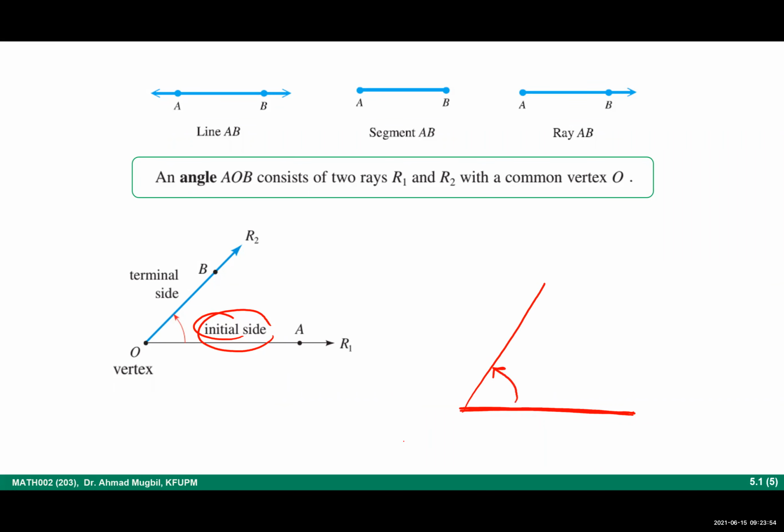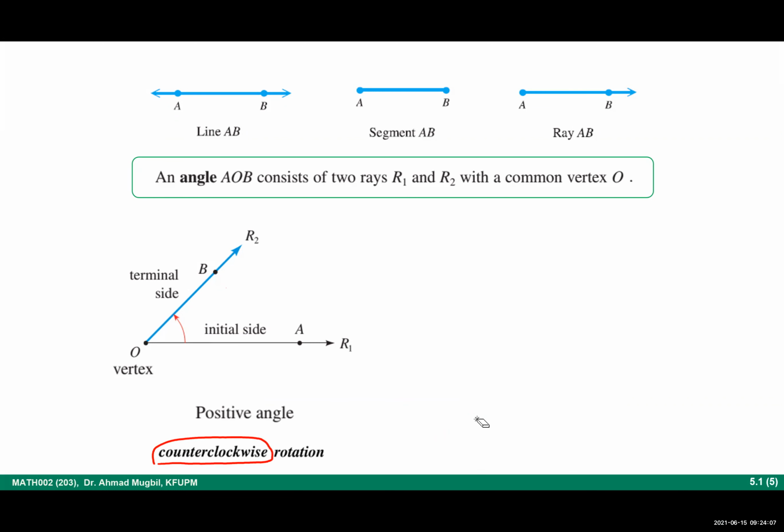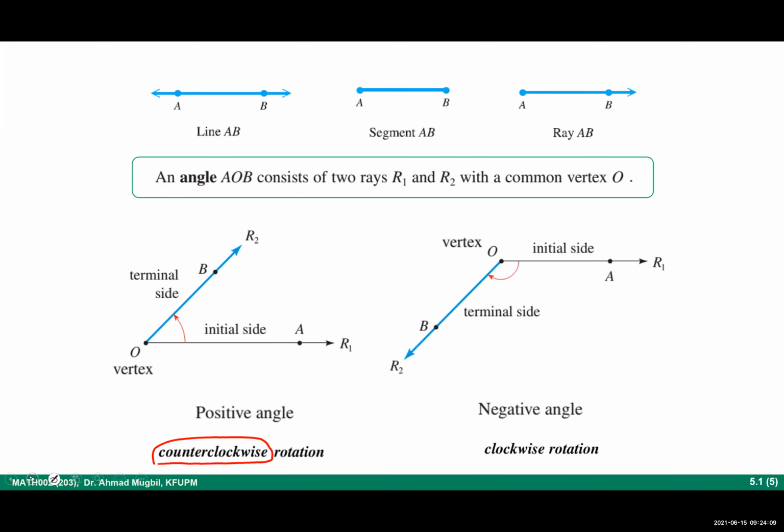So this is an angle. If the direction of the rotation of the terminal side is counterclockwise, we call it a positive angle. If it is clockwise, we call it a negative angle.